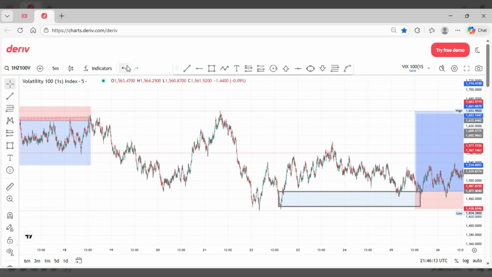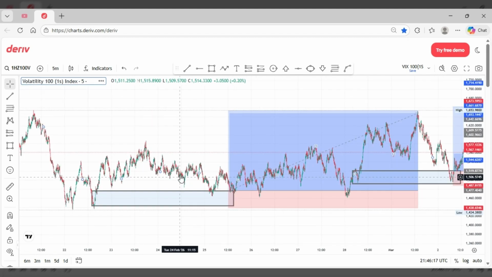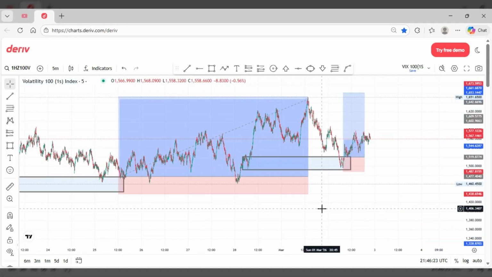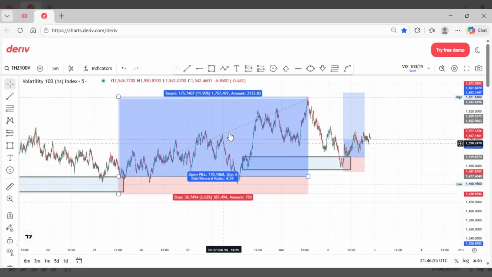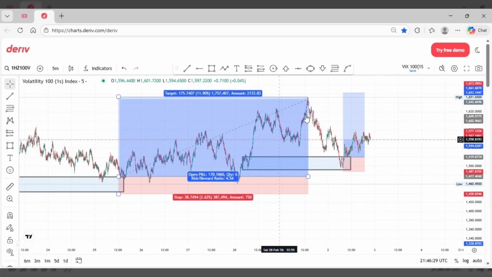So here on Volatility 100 1x index, I'm going to show you how I pick this entry from this point here down to the take profit. I'm not just going to show you the profit, but I will focus more on the process, what I did, so that you can make profit for yourself.